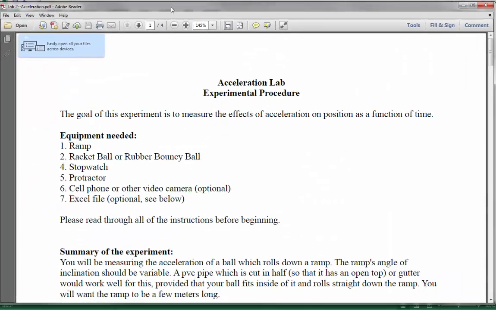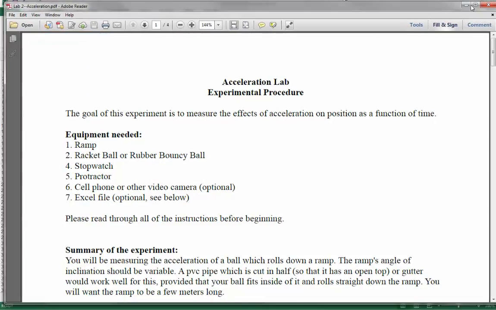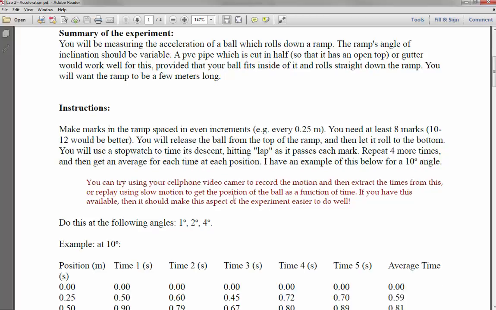If we look at the instructions written here on this lab handout, you should mark off on the ramp in even increments every 0.25 meters. There should be at least 8 marks. 10 to 12 would be better. I have therefore 12 marks on mine.